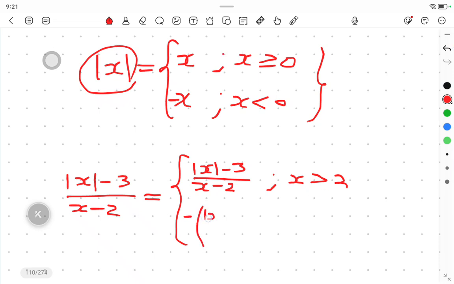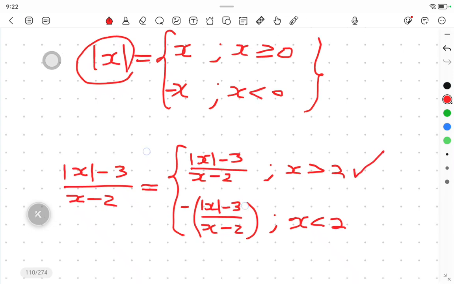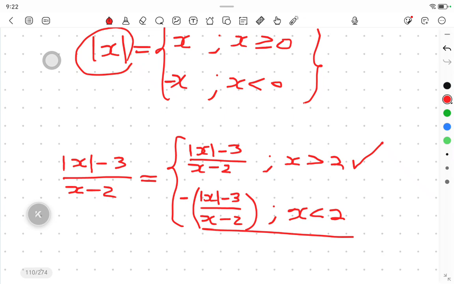It will have a negative if x is less than 2. That's why for the first case of greater than 2, we use this one. We say this will be like this. And for the one of less than 2, we keep it like this. So we now see we have to multiply by negative for the one where x is less.